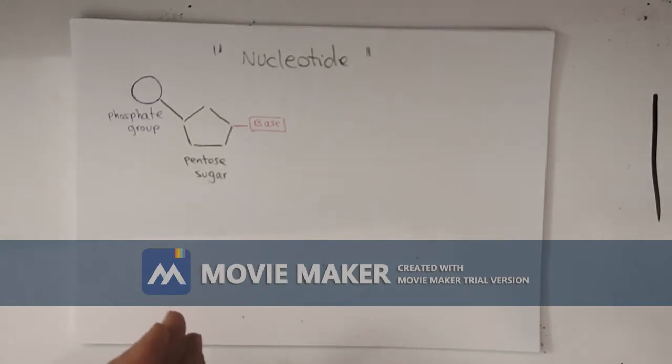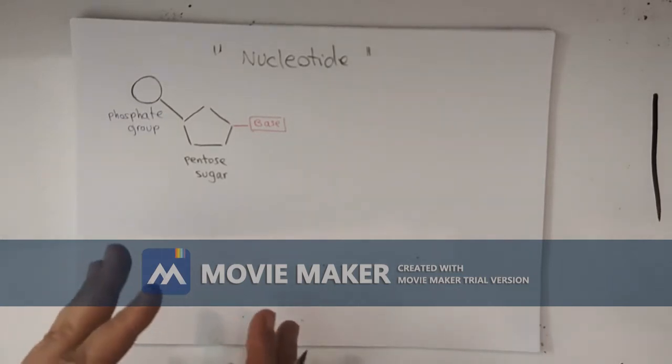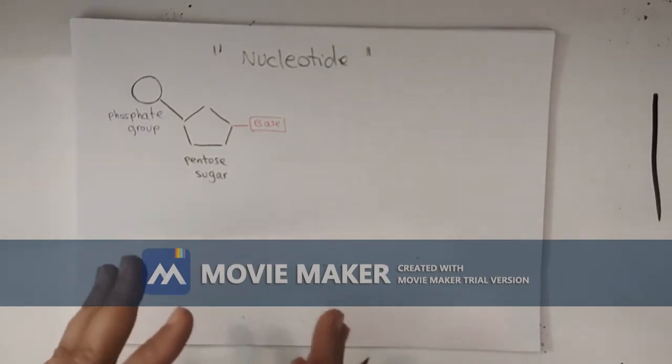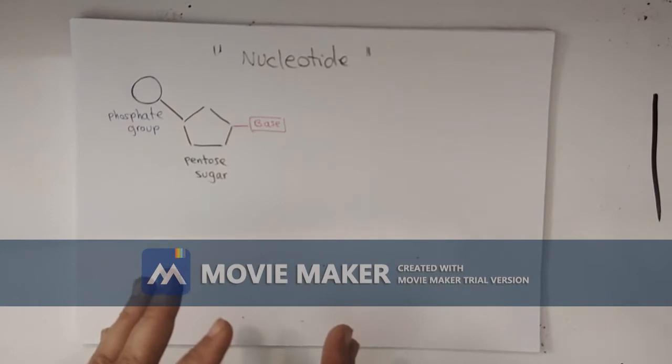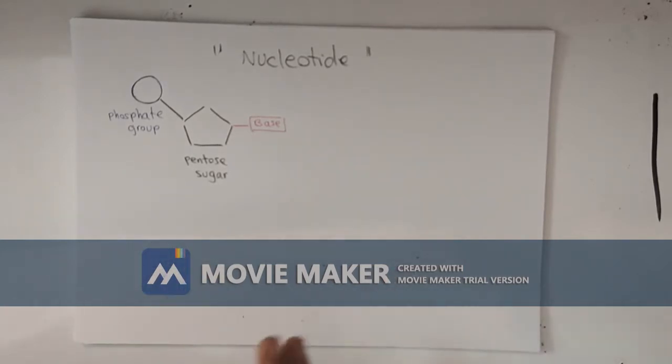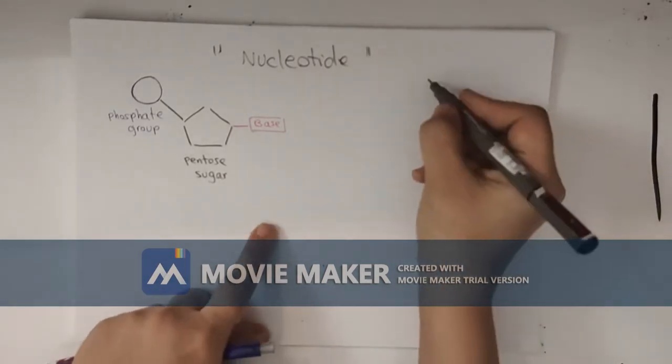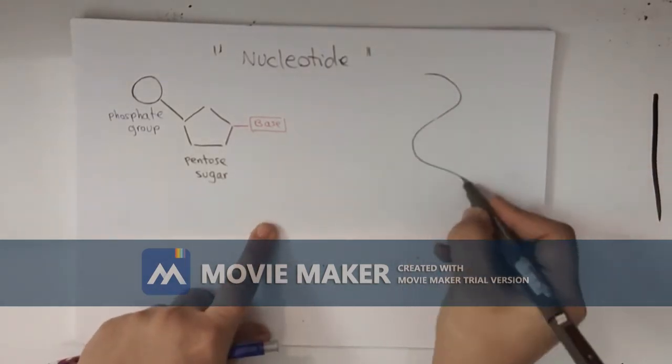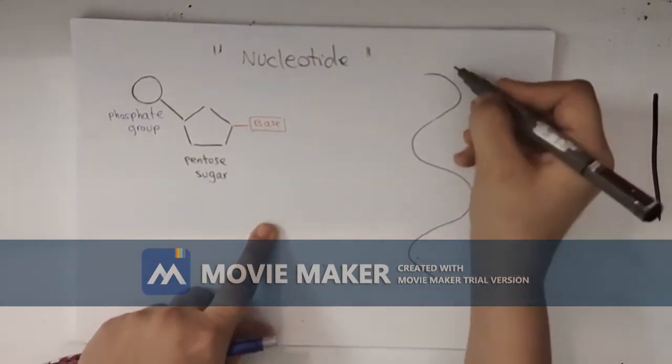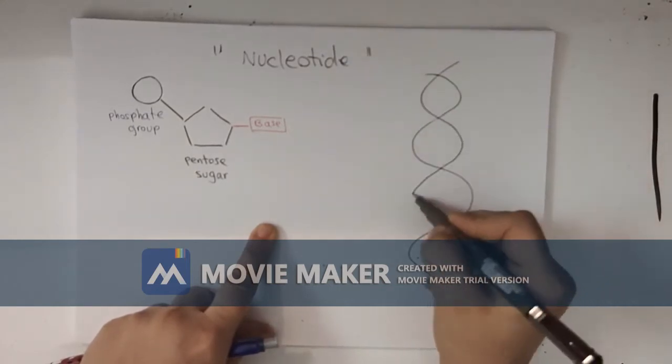Nucleotides have 4 different versions, and when they are joined in a very long chain, they make a strand. So this is one DNA. The DNA molecule is a double helix.